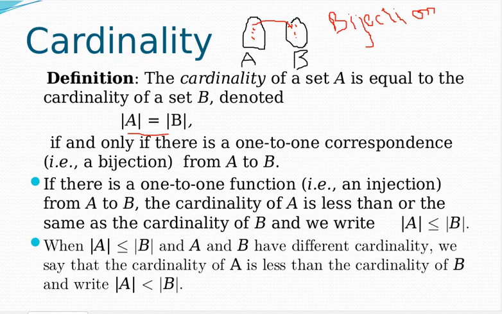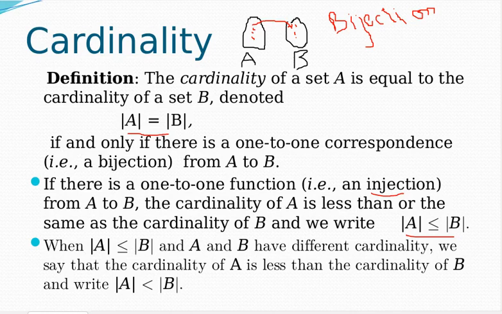And if there is a one-to-one correspondence that is an injection, in that case we would say that the cardinality of set A is less than or equal to that of B. If it is one-to-one, it would mean that we can map every element of A to B, but some elements of B might be left outside in the case of injection.